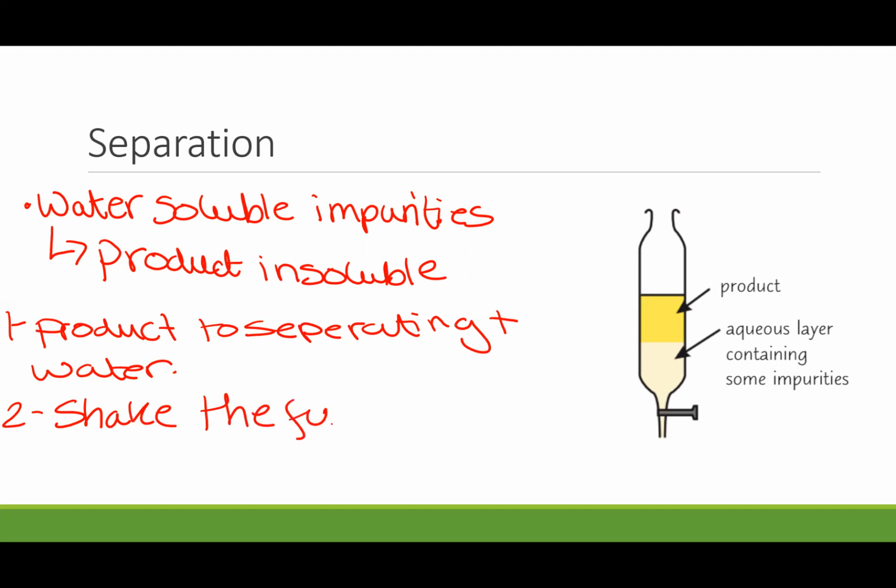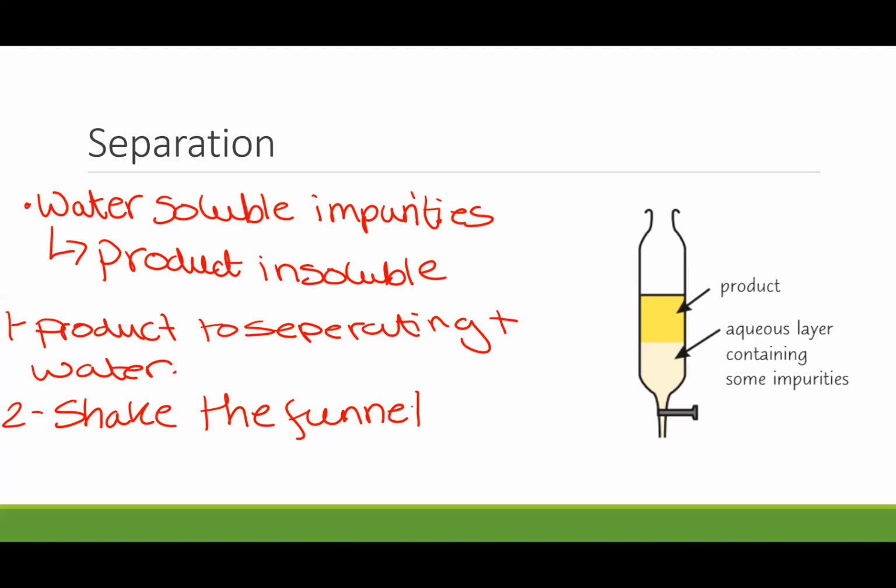And what will then happen is, because we've got a mixture of soluble impurities and insoluble product, once we've shaken the funnel, we will allow it to settle. And when it settles, we will get an organic layer and then an aqueous layer.